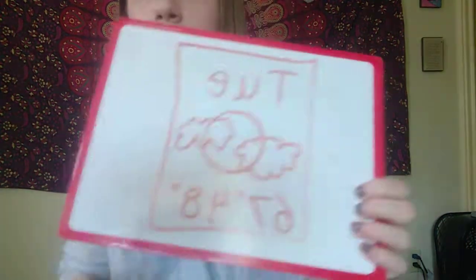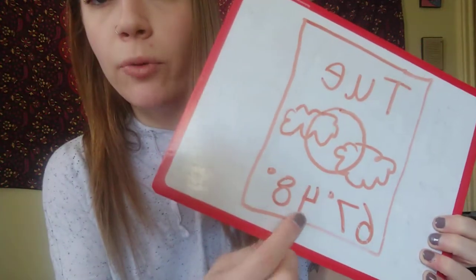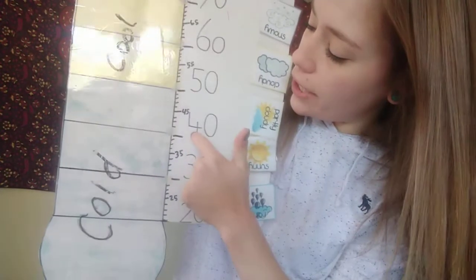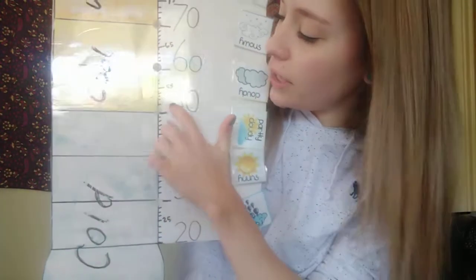Okay, so now our lowest temperature for the day is going to be 48 degrees. So let's check out what kind of temperature range that is. We look on our scale here. We have 40, 45, and 50.